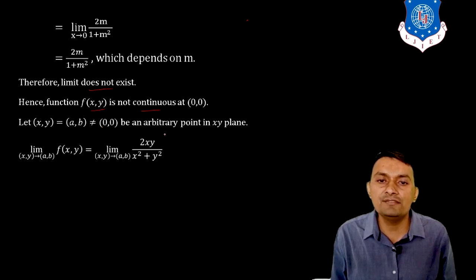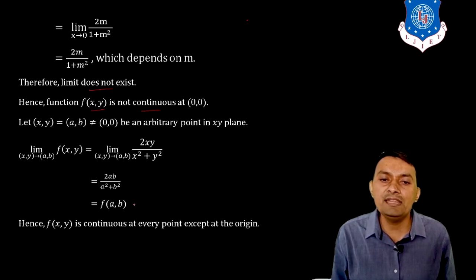In that case, the limit as (x,y) tends to (a,b) of f(x,y), with x equal to a and y equal to b, simplifies to 2ab divided by a square plus b square. That is f(a,b), the image of the function at that arbitrary point. Its limit is 2ab divided by a square plus b square, and both are the same. That means the function is continuous except at the origin. And this is all about the proof.